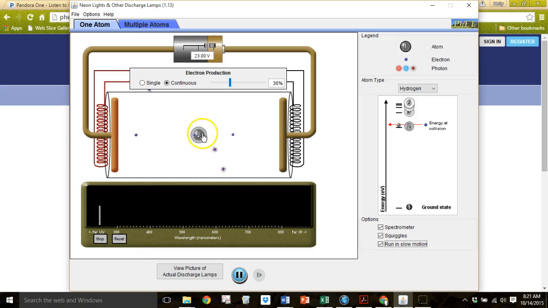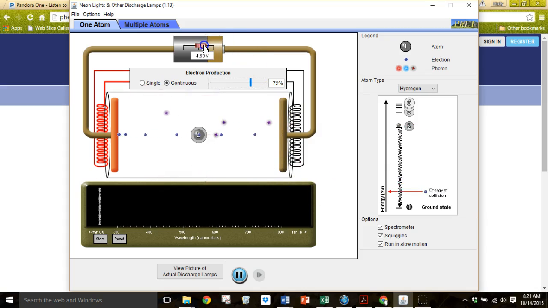Notice the relationship between the numbers over here and over here on the right-hand side. Notice the electrons are coming through and continuing on, but these are supposed to be photons of light.